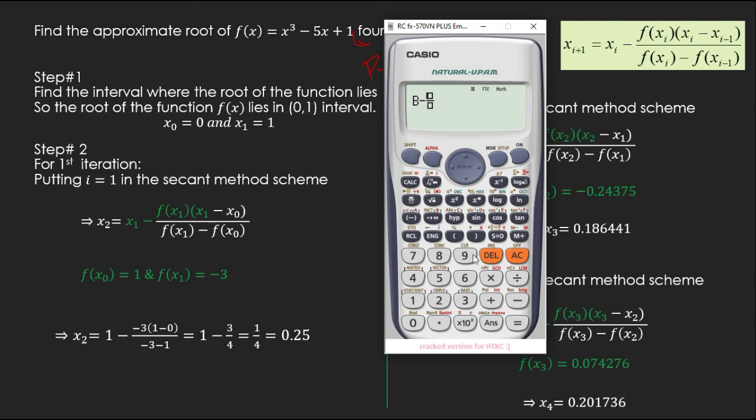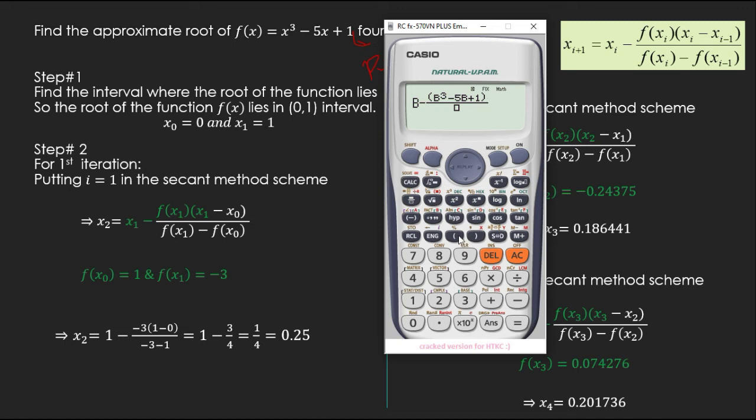So I will write parenthesis open, alpha b cube minus 5 times alpha b plus 1, bracket close. So what is it? It is f of xi. I have fixed xi equal to b, so I get f of b is equal to b cube minus 5b plus 1.